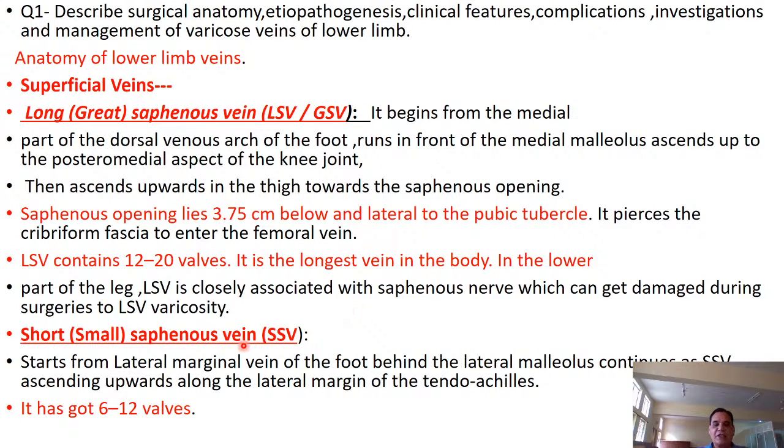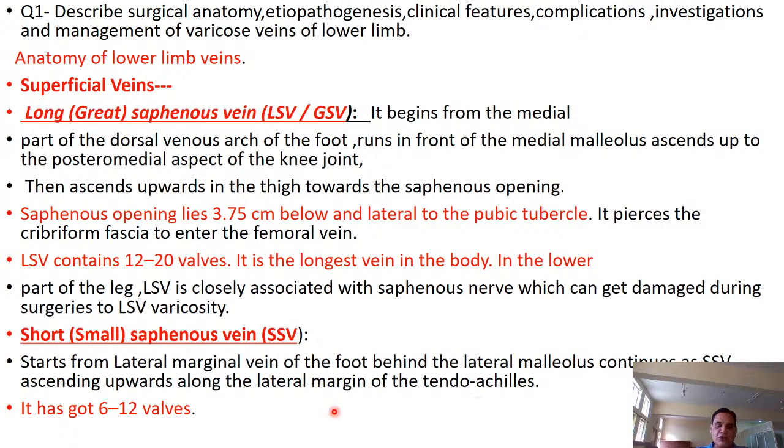Then comes SSV, that is short saphenous vein. Where does it originate? This originates from the lateral malleolus. Okay, from medial malleolus, LSV. From lateral malleolus, SSV. And this will go along with the tendo Achilles and enter into the popliteal vein.